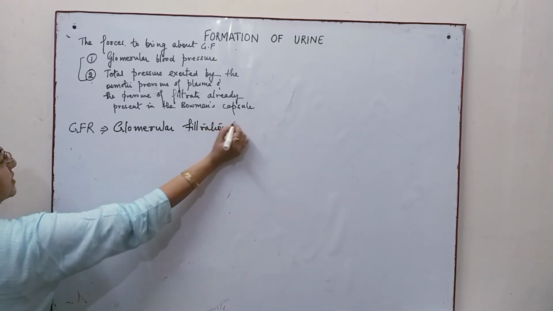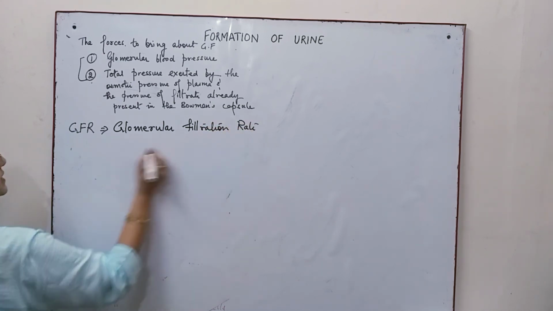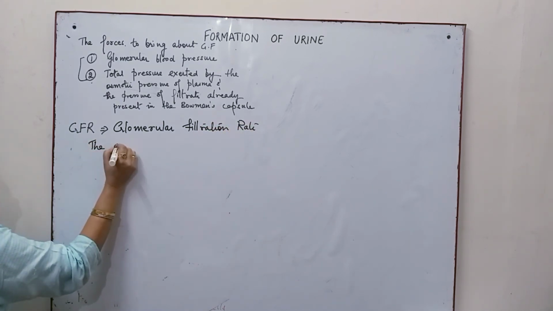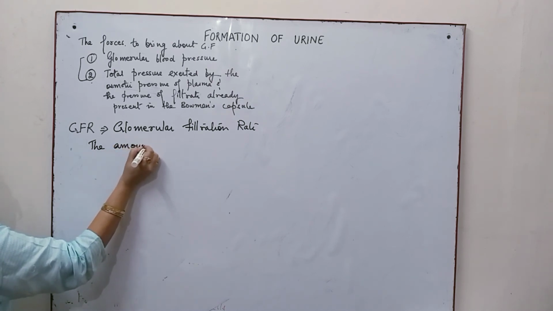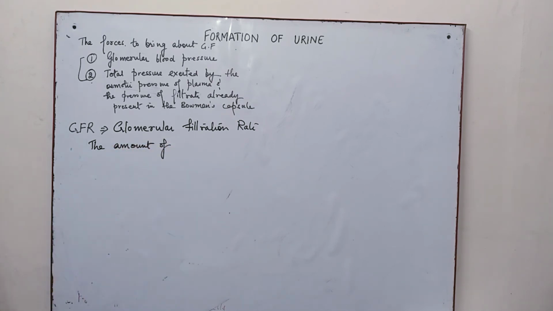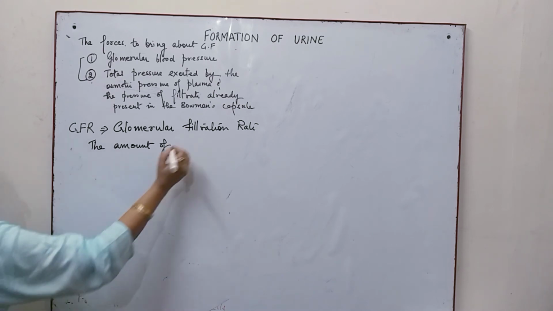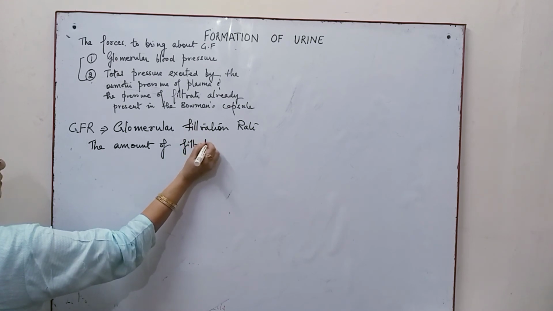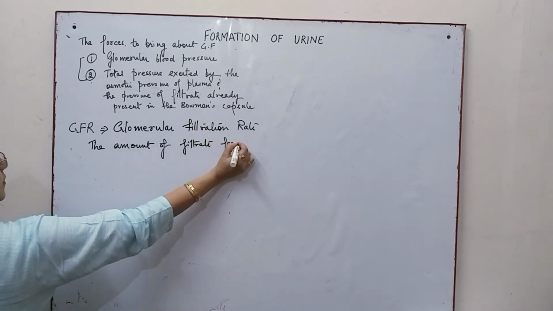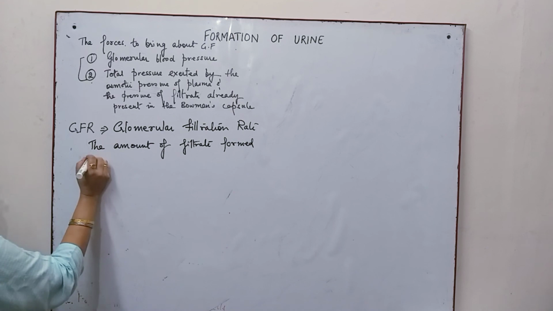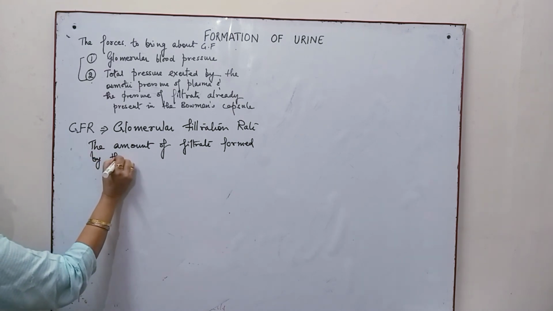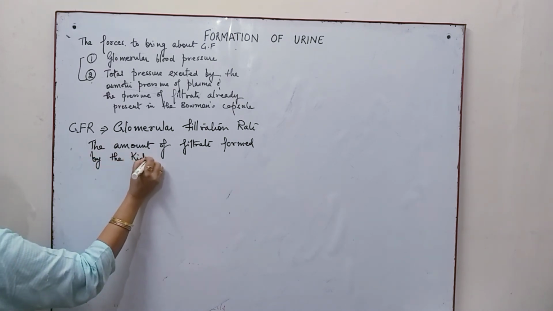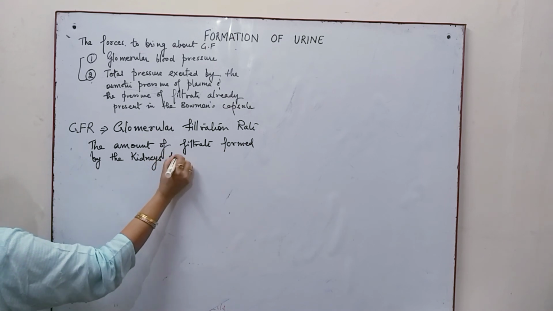It is the amount of filtrate formed by the kidneys per minute.